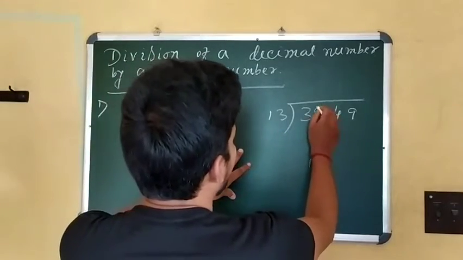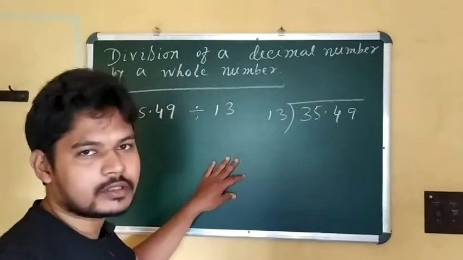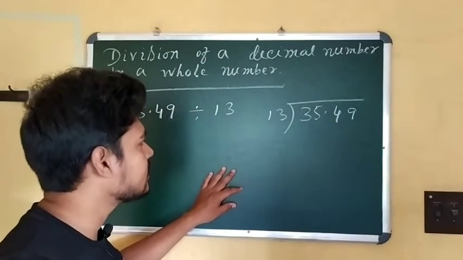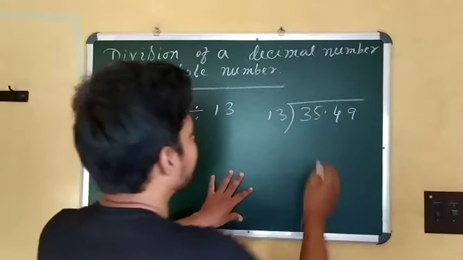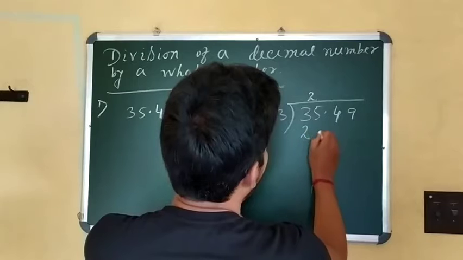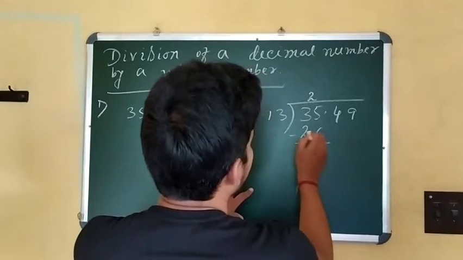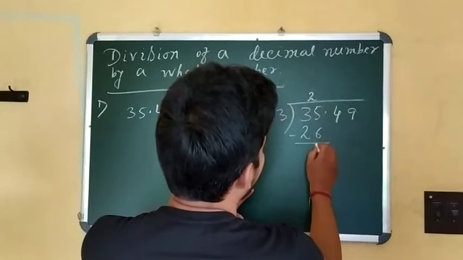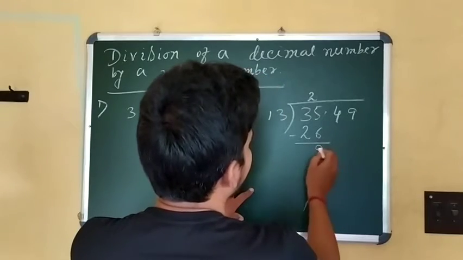At first 35, so 13 into 1 is 13, 13 into 2 is 26, 13 into 3 is 39. So you have to multiply 13 into 2, that means we get here 26. Now subtract this, we will get 9.